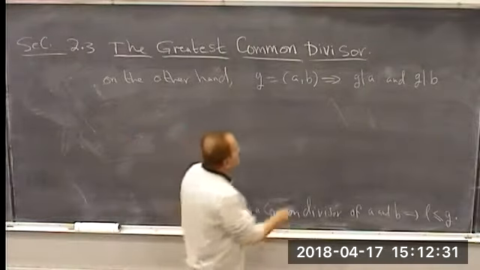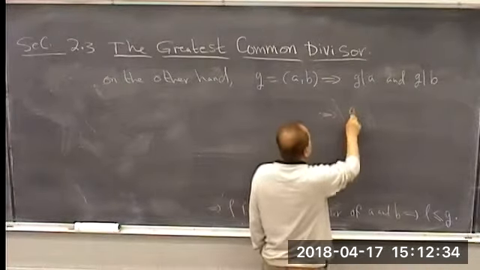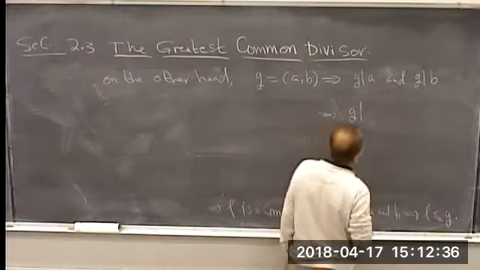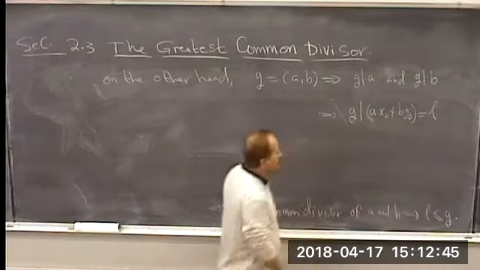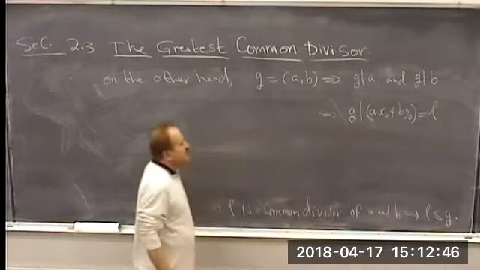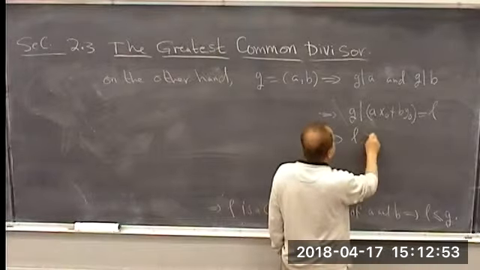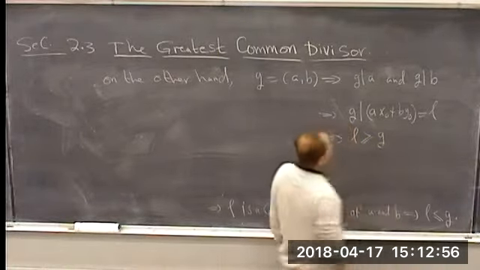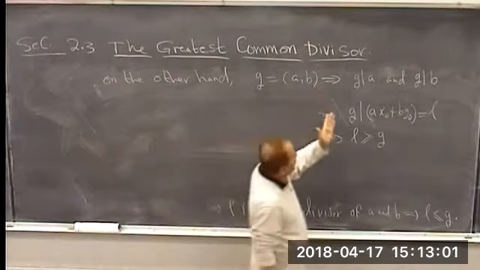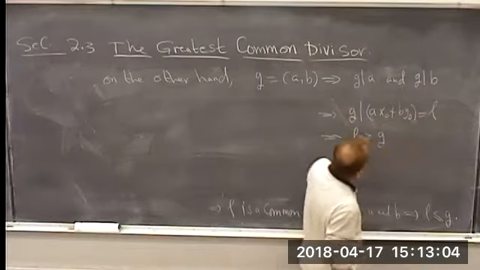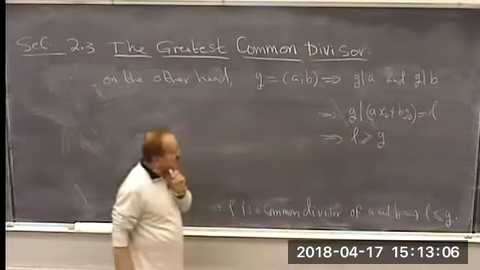But this implies that G divides any linear combination. So it divides A x sub 0 plus B y sub 0. But this is equal to L. So G divides L implies that L is bigger than or equal to G. All right, both of these are positive, remember, and then we have shown that if G is a divisor of L, which means that L is bigger than or equal to any of its divisors, basically, very simple.